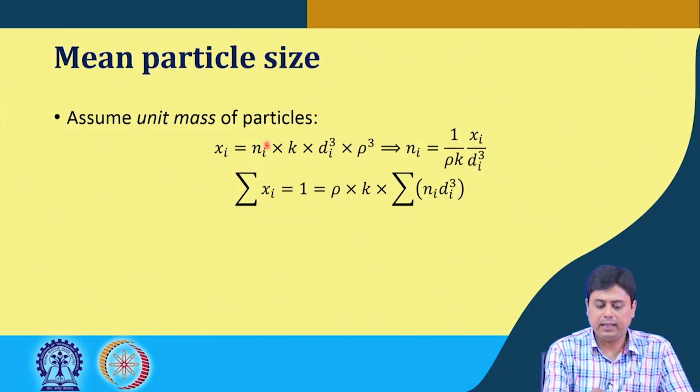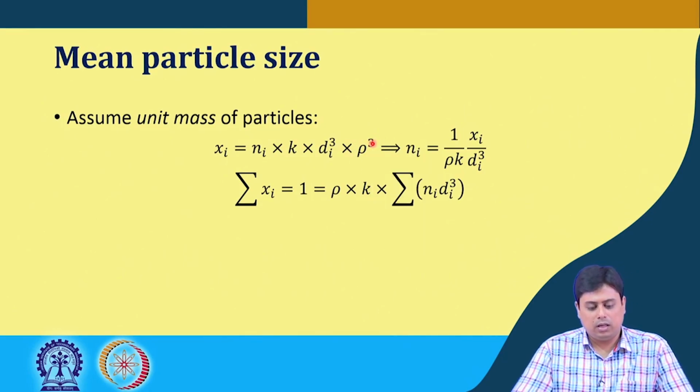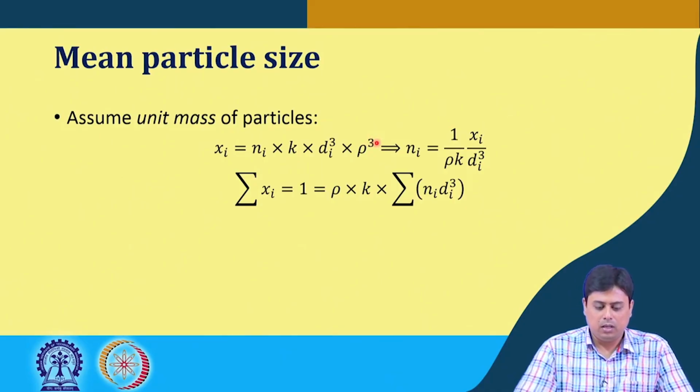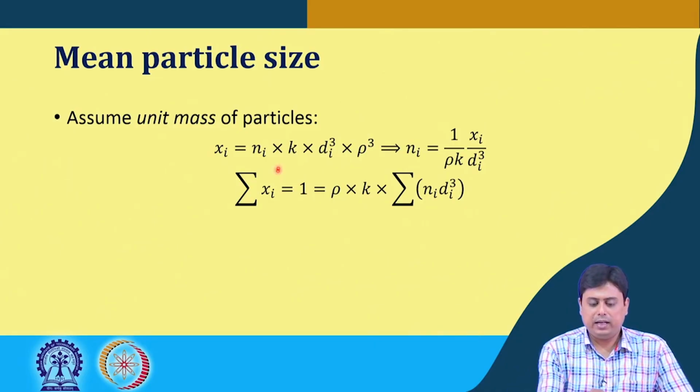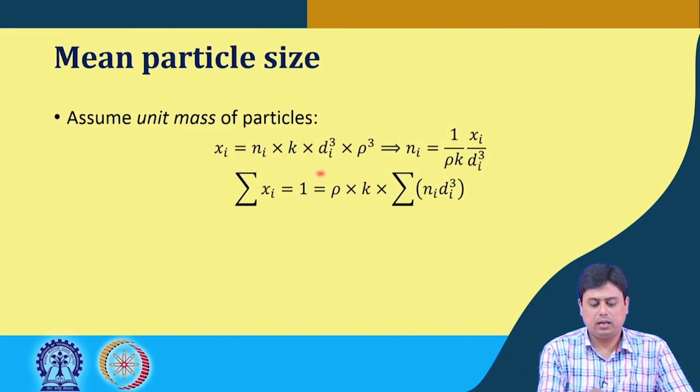So, the number of particles, the volume and its density. So, this and its density, it is not the cube. Okay, that is my mistake here. So, here that means we can write Ni is nothing but 1 by rho k times xi by d cubed.